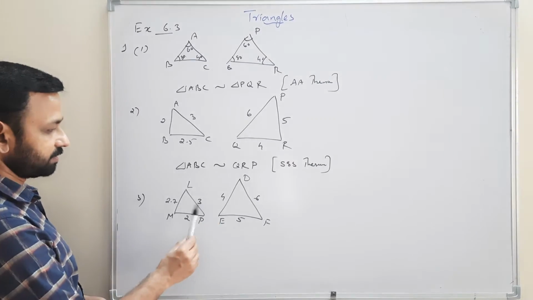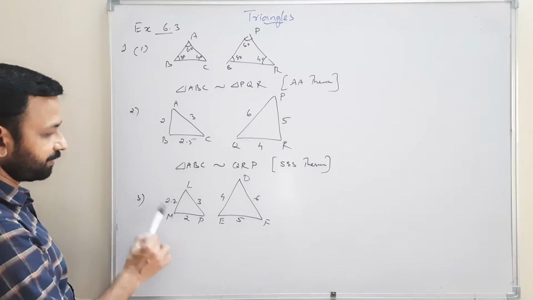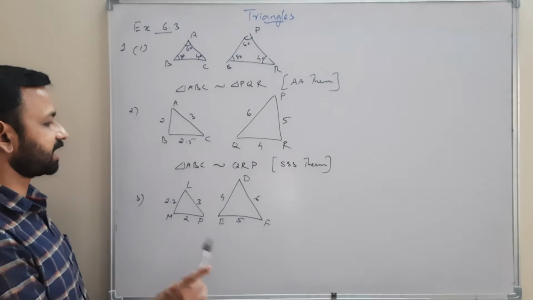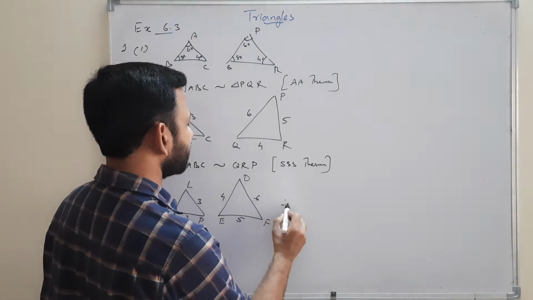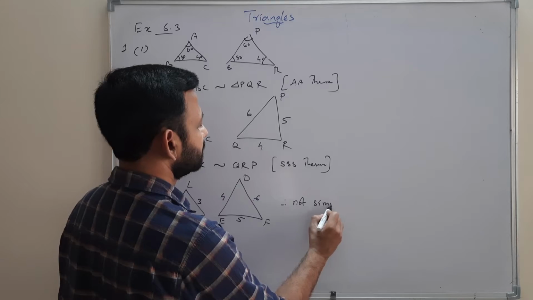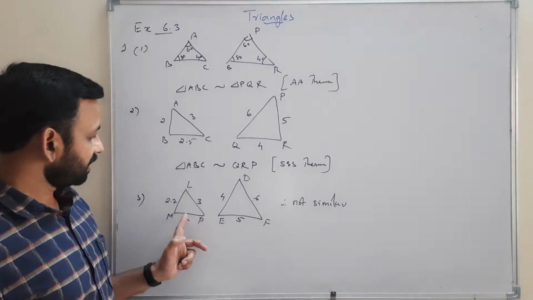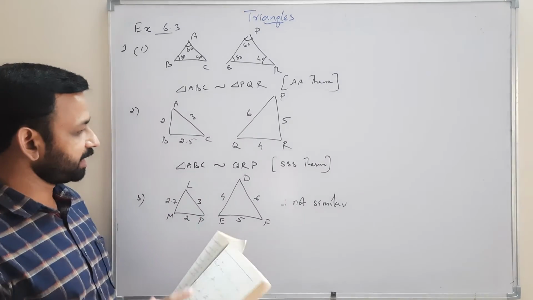Double of 2 is 4, double of 3 is 6, but 2.5, its double is not 5. So we don't have any ratio between their corresponding sides, so they are not similar. So these two triangles are not similar because we cannot find any ratio between their corresponding sides.